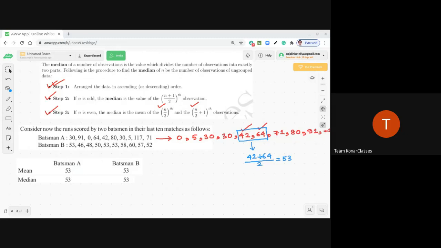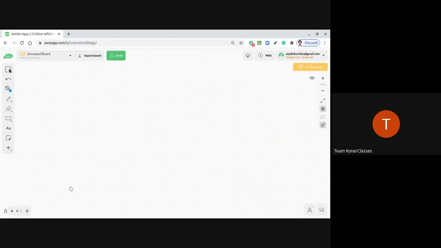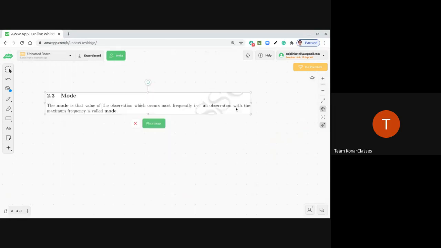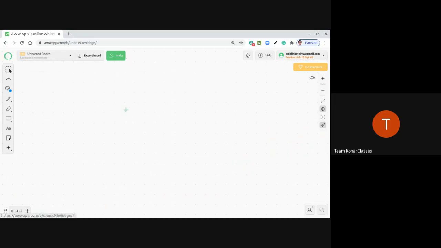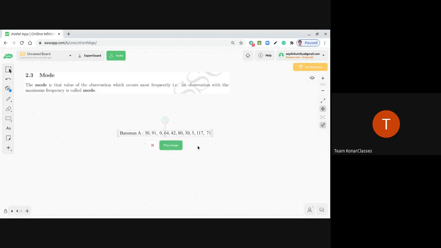So for example, if we look into a data set, we can take an example and make meaning out of it. For example, consider batsman A's score in the 10 matches. Whatever you see, dear students, which value occurs the most?